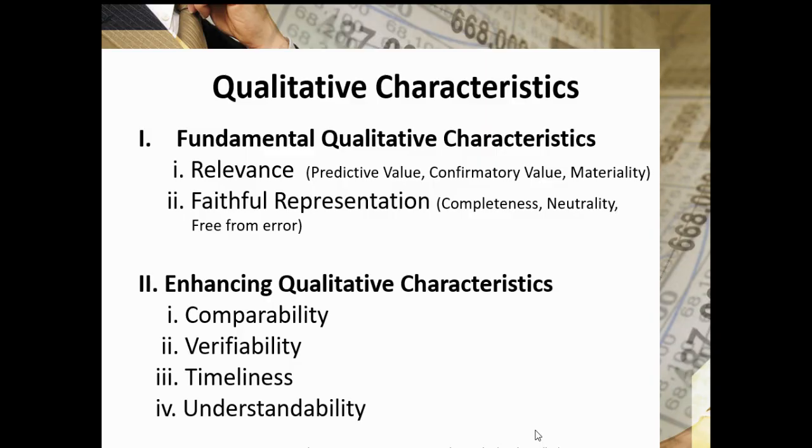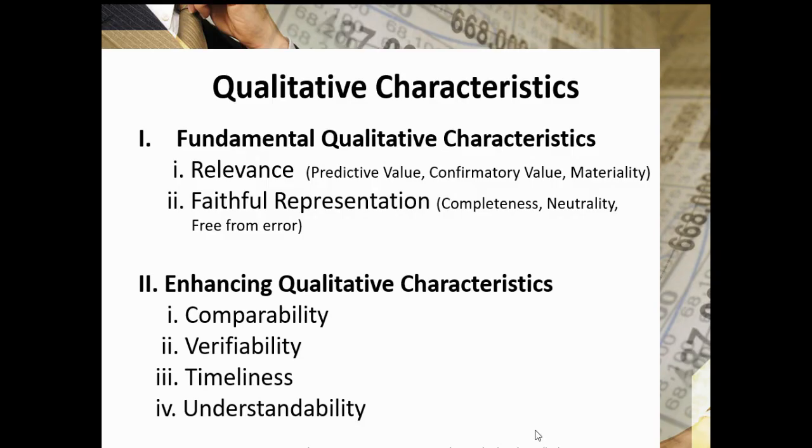Materiality is an entity-specific aspect of relevance, meaning it depends on the facts and circumstances surrounding a specific entity. For example, an item may be considered by one business as material, but is considered by another as immaterial. So information is material if omitting it or misstating it could influence the decisions of users.